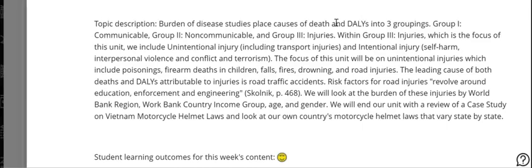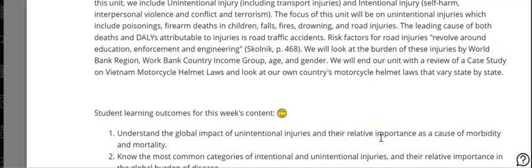And then we're going to end our unit with a review of a case study on the Vietnam motorcycle helmet laws. And then we're going to look at our own country's motorcycle helmet laws. And these vary from state to state. So each state in our country has a somewhat different law.